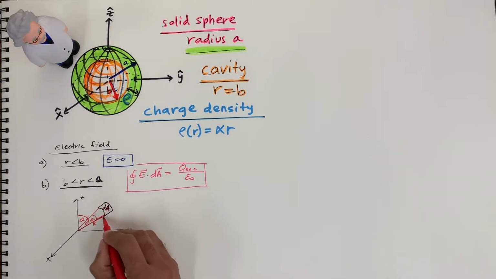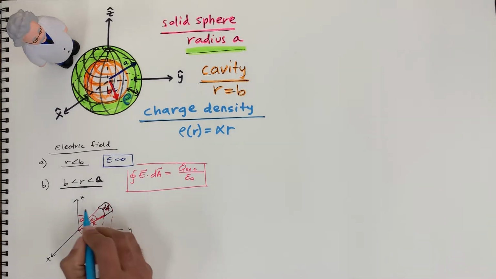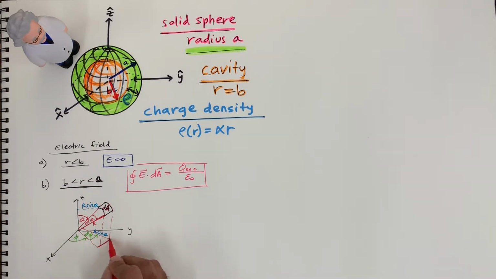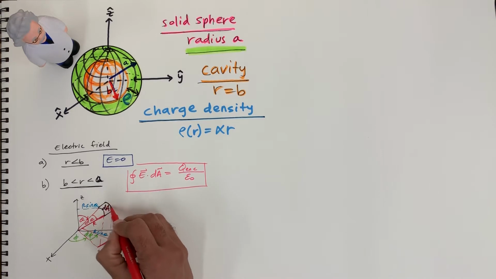Okay, and if we project it down to the XY plane, okay, remember that this was r sine theta, so that means this down here is r sine theta. We have phi going from the x to the y, d phi, another length in, and finally this arc length here is going to be r sine theta d phi. This arc length up here is going to be big R d theta.